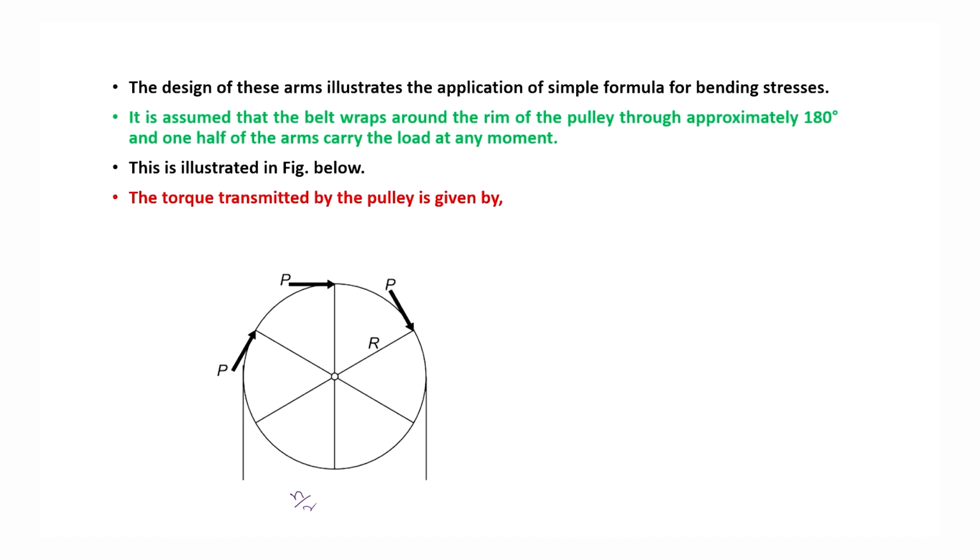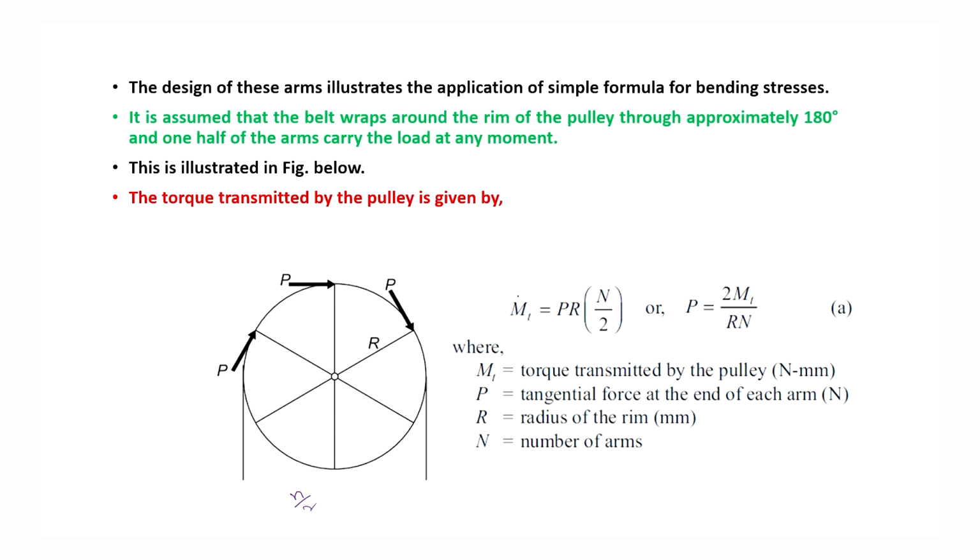The torque the pulley may transmit will equal this P multiplied by R, which is the moment, multiplied by N divided by 2. Okay. And so, the load P which will act on the arm is given by 2 times the torque which is to be transmitted divided by the radius of the pulley multiplied by the number of arms.